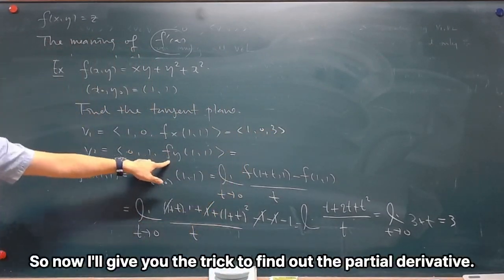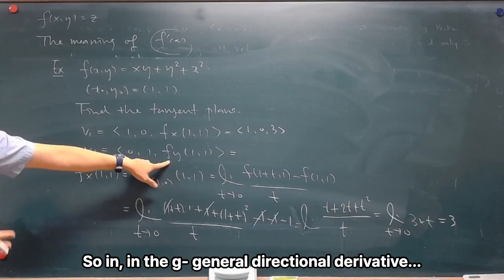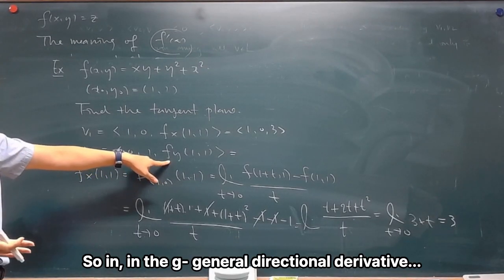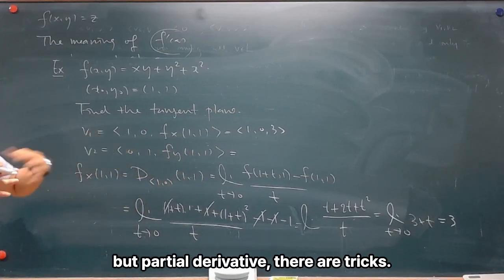And how about this? Now I'll give you the trick to find the partial derivative. In the general directional derivative, there's no way you can compute without using the limit. But for partial derivatives, there are tricks.